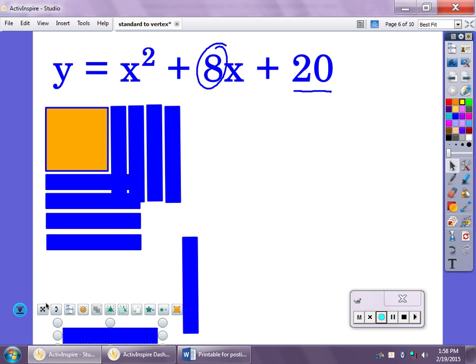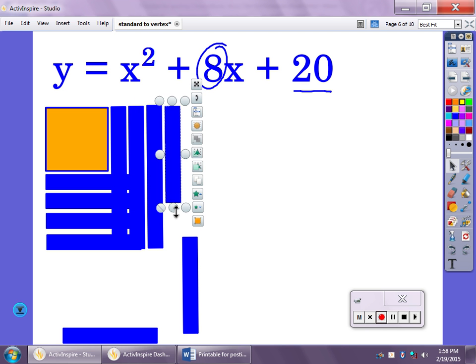Get this out of the way. Okay, I'm going to extend my pieces so that they show the overlap.